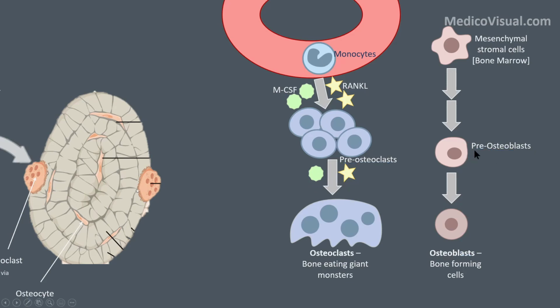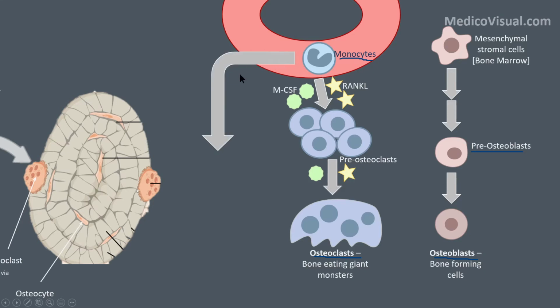So the point to understand here is that it is the pre-osteoblasts as well as osteoblasts that cause formation, activation as well as proliferation of these osteoclasts. They cannot form by themselves. These monocytes also form macrophages.